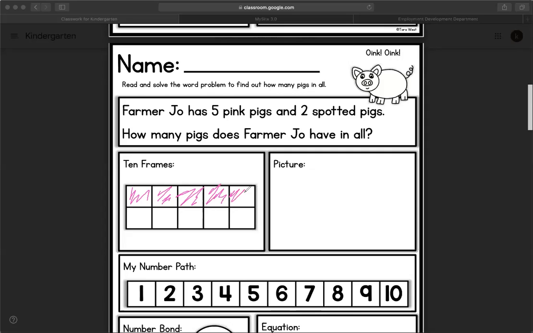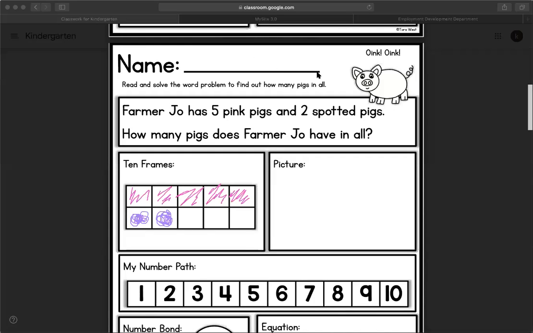Why don't you just draw a 10 frame on this page? Then I'm going to mark 2 spotted pigs. Why don't you just watch what she's doing? She's doing it right. Very good. So I have marked my 5 pink pigs, and then I've marked my 2 spotted pigs.